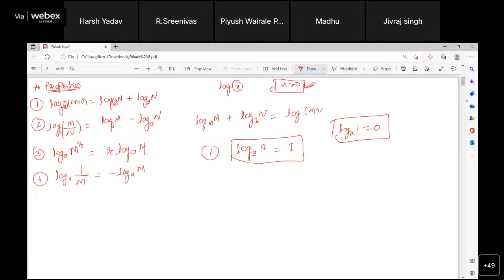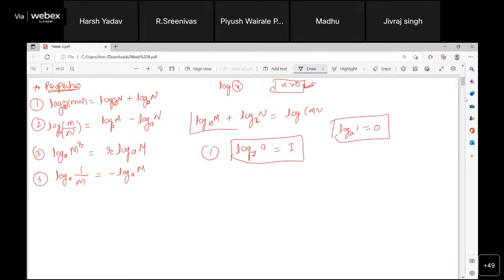What is written there? Log m to the base 10, log n to the base 2 is equal to, is it log mn? This one? Yeah, this is not valid. Above log a to the base a, you have written something there. Okay, this one?